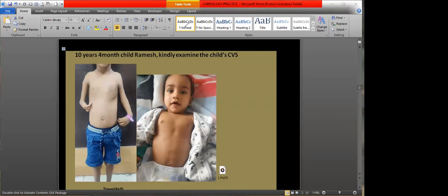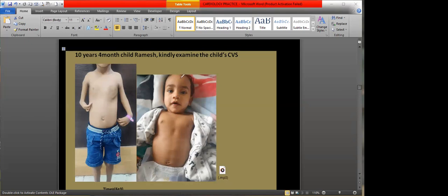So the next point is they may give you a smaller age group. You need to be ready for that, because if you are getting a child, that's why I have selected two pictures. In the second picture, as you can see, the child is less than 1 year, so 6 to 9 months of age.